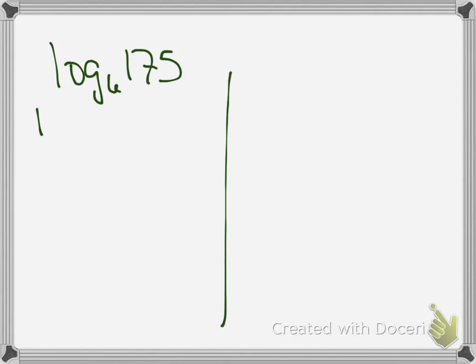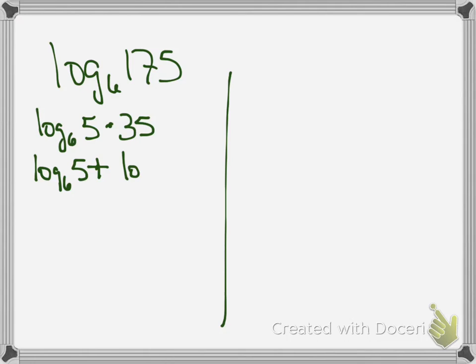One way, let's say you divided 175 by 5, and you got 35. Well, there's a property that says if it's multiply, you can add. So I can say log base 6 of 5 plus log base 6 of 35. Well, I have a decimal number for the 5, but not for the 35. So then I need to split that up.